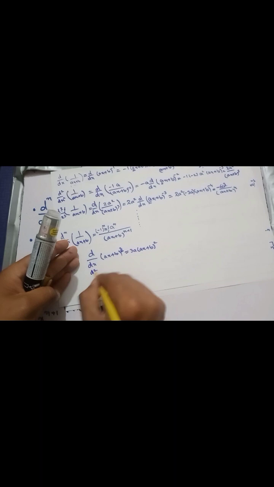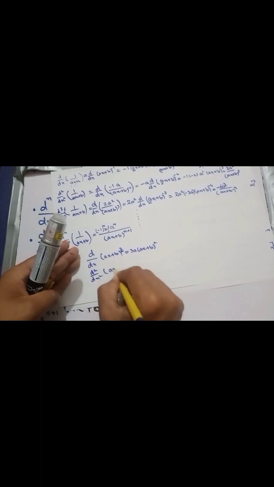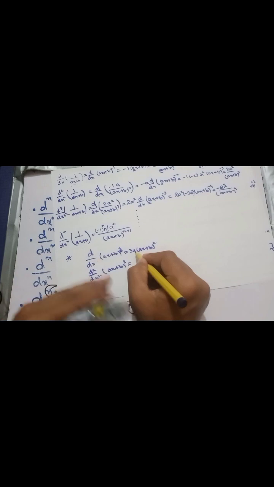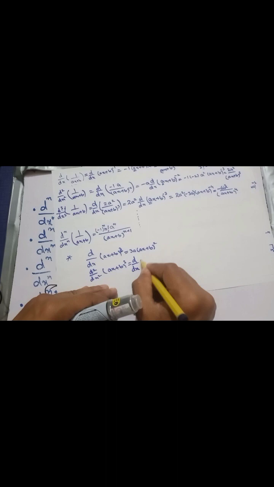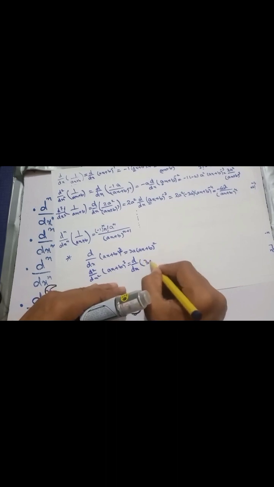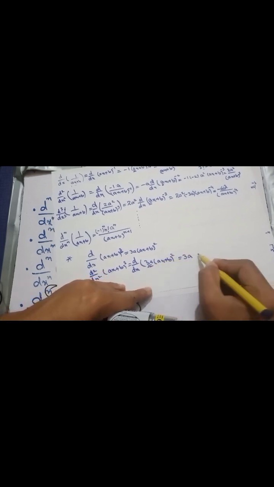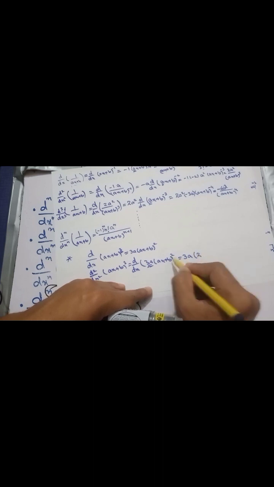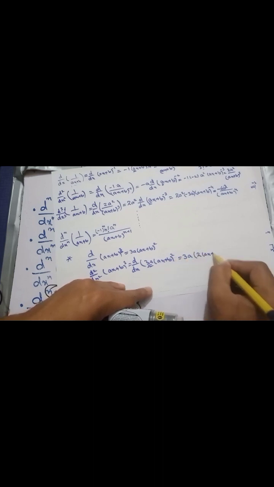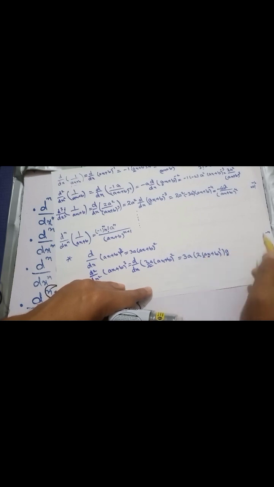If we take the second derivative, the constant term we can shift here, then we use the power rule: 2 at the start, ax plus b, 1 reduced in power, and the coefficient of variable x, because we are taking the derivative at the end also.